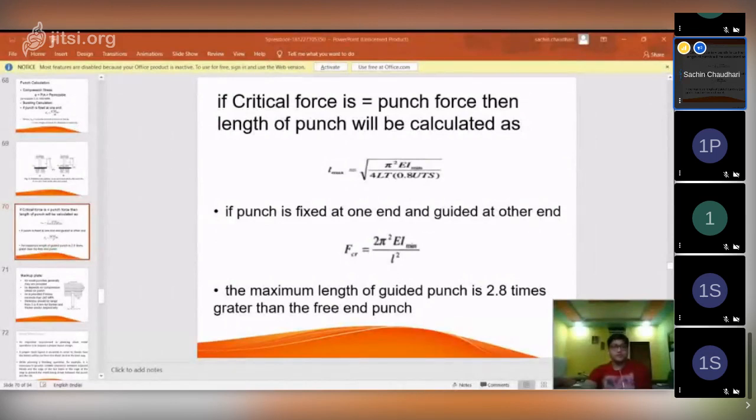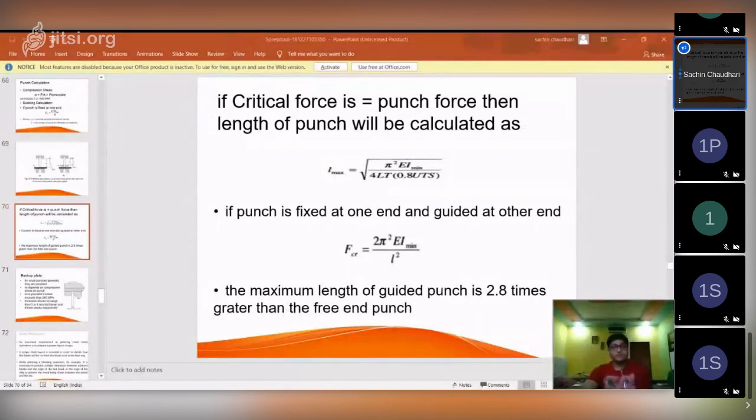This is an important point to be noted or remembered while designing the length of your punch.